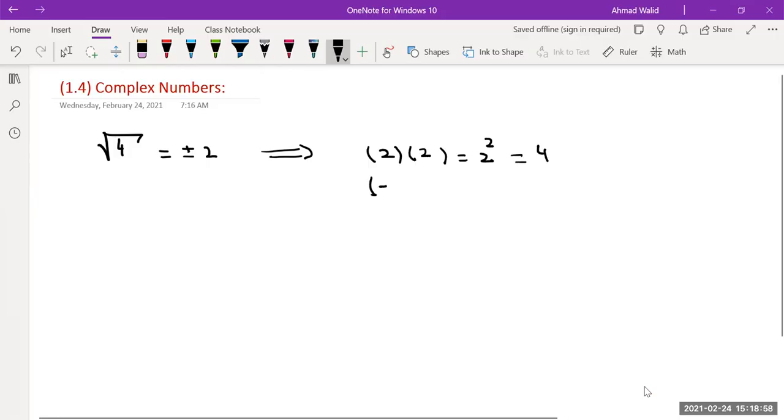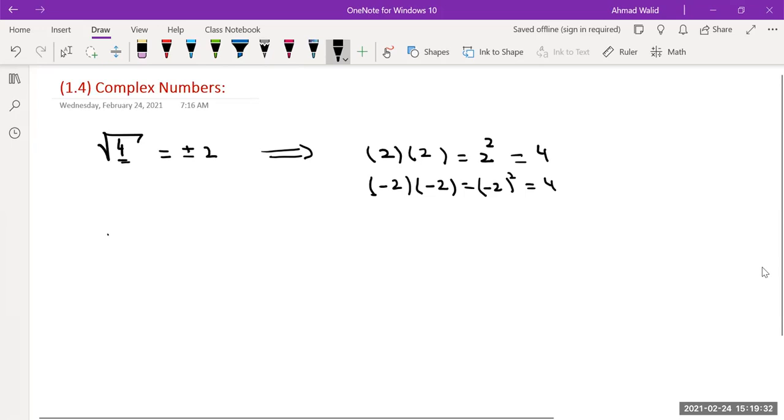Or if you multiply negative 2 with negative 2, it gives you again positive 4. Correct? It means the square root of a number is a number that, if it multiplies by itself once, gives you the radicand. The radicand means the number under the square root, correct?